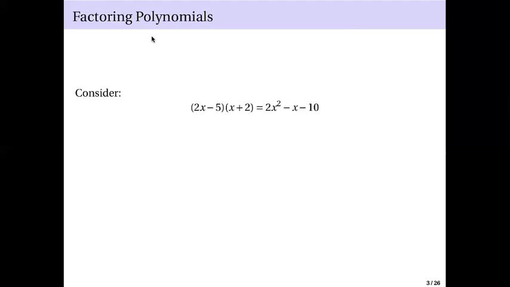Okay, so for example, we have 2x minus 5 times x plus 2. You have these two binomials, you multiply them, you'll get this polynomial, 2x squared minus x minus 10. So as before, this is the left factor, this is the right factor, and this is the product.